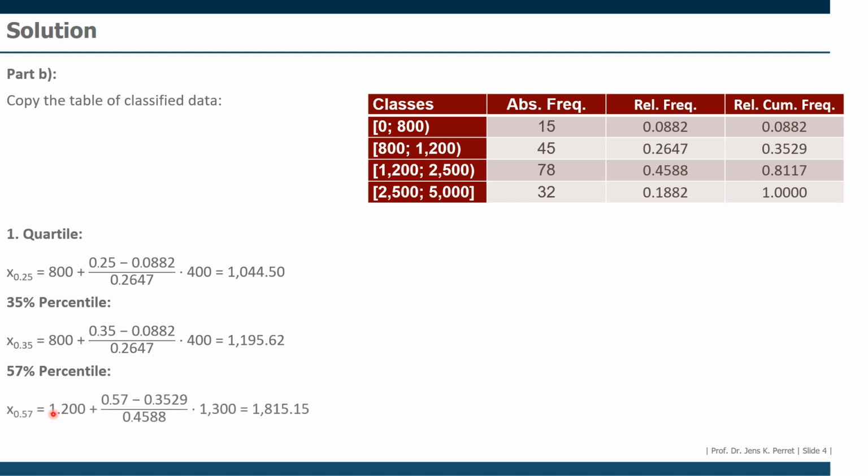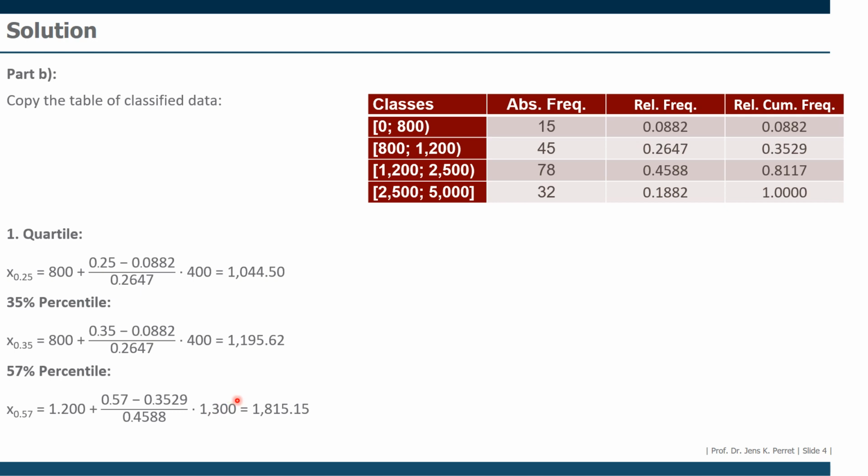Going to take the lower bound of the class plus 0.57 from this percentile minus the relatively accumulated frequency of the class before, so that's the second class, divided by the relative frequency of the class in question, multiplied with the class width, which is just upper minus lower bound, so 2500 minus 1200 gives 1300.